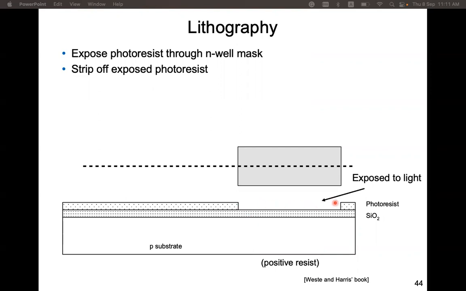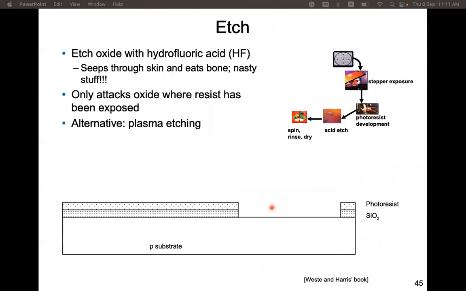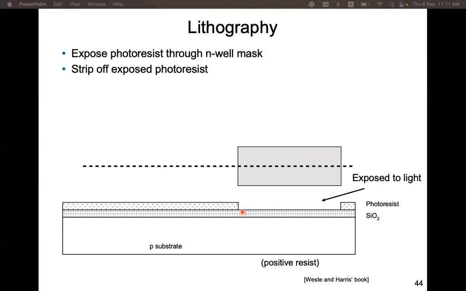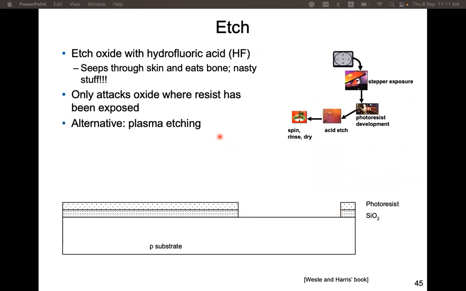Okay, so photoresist is removed. Next is to remove this oxide layer, protective oxide layer under the photoresist. So this is done by the etching process. So we etch away oxide with hydrofluoric acid.